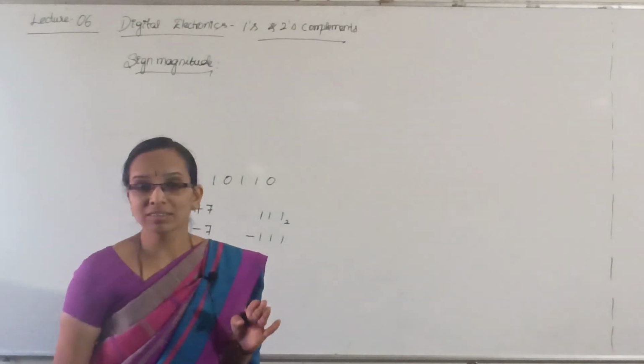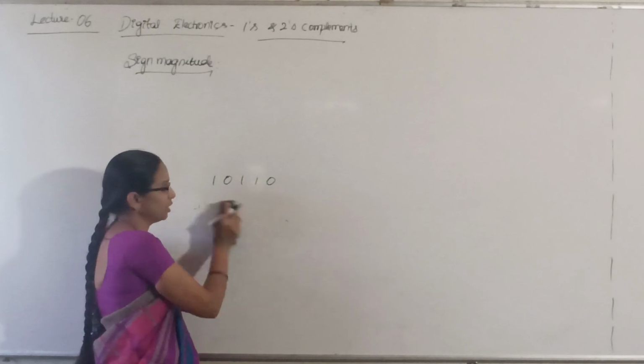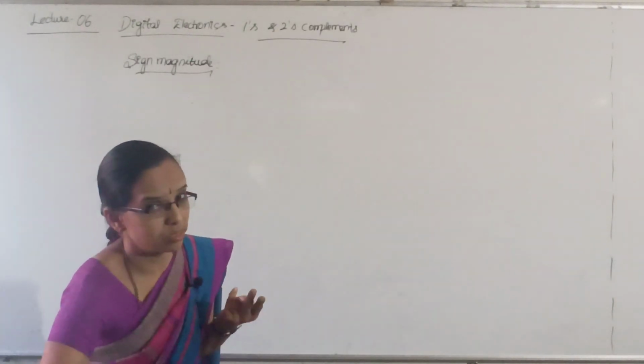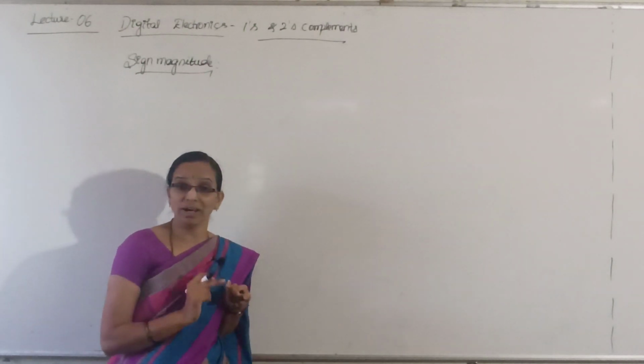For each symbol, each alphabet, each number, there is a set of zeros and ones in binary. So what they have done is, in sign magnitude numbers, we have two signs, either positive or negative. In binary also we have two symbols, 0 and 1.